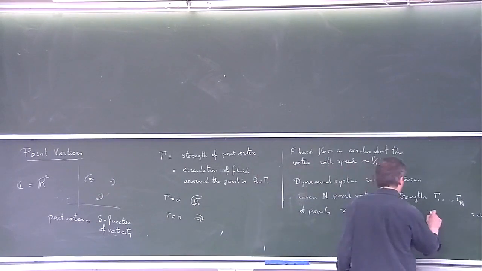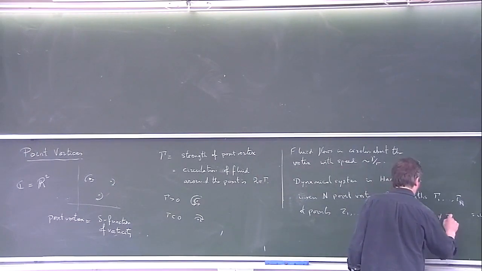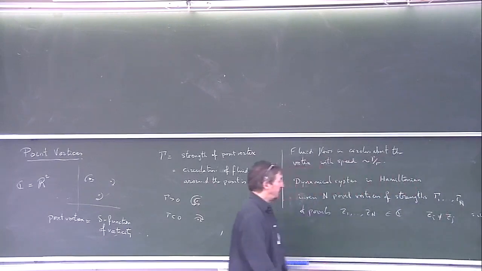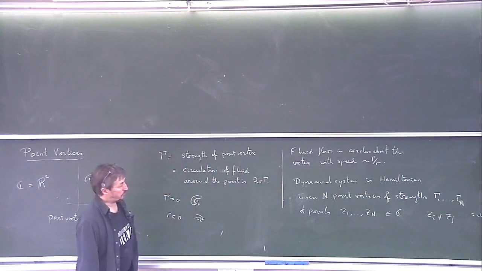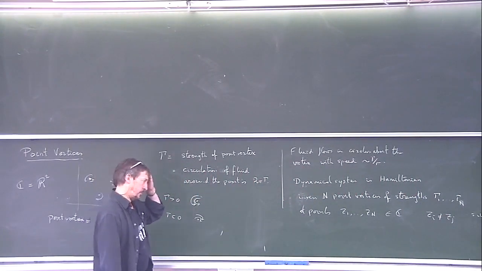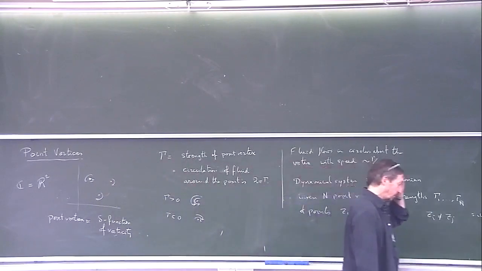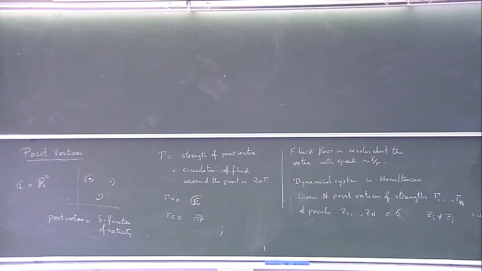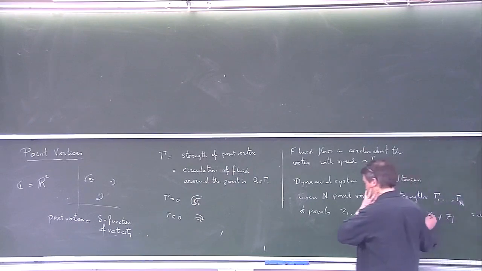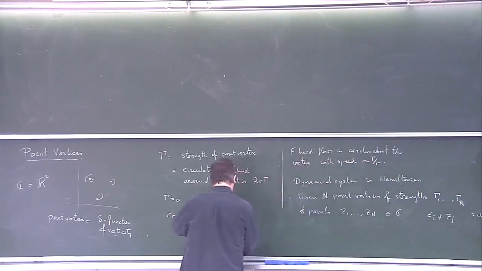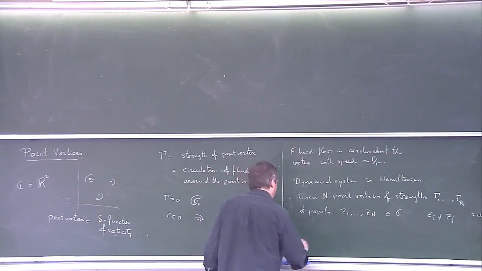I'm assuming that no two of the points collide. In fact, in general, the vector field is not complete on this space because collisions can occur in finite time.